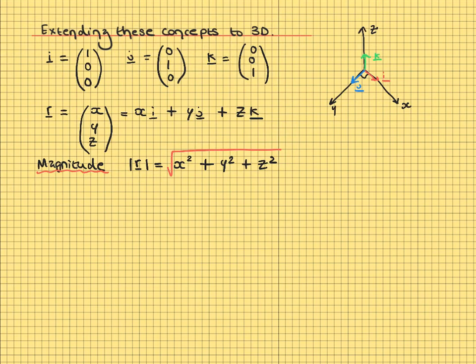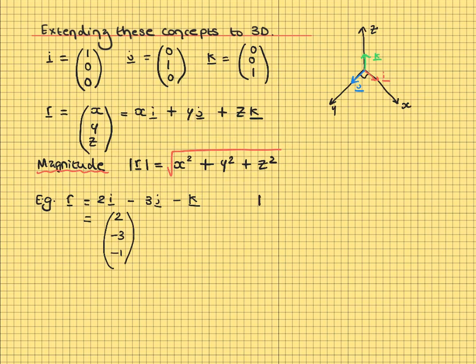You've actually done something very much like this when you studied trigonometry in 3 dimensions back at GCSE. Let's have a look at an example. I'm going to define the vector r as 2i minus 3j minus k. Some people find it difficult to work in component form, in which case write the vector in column form so you can see all 3 components very clearly.